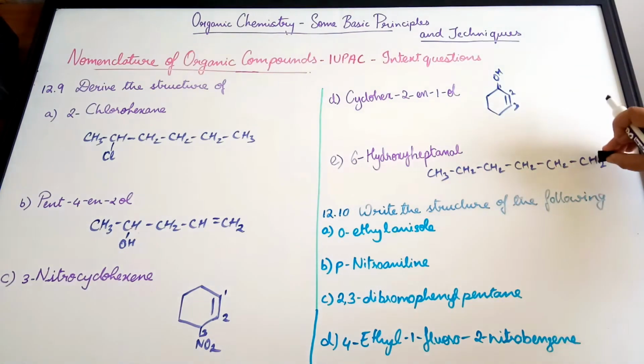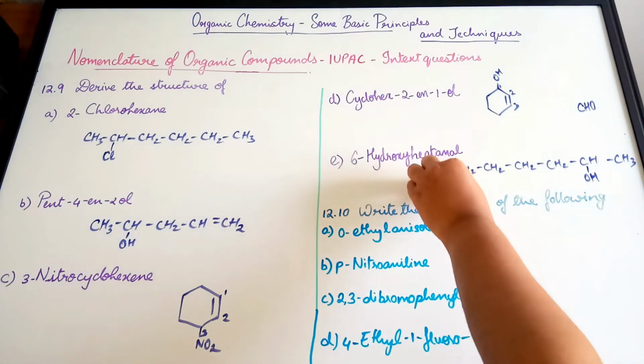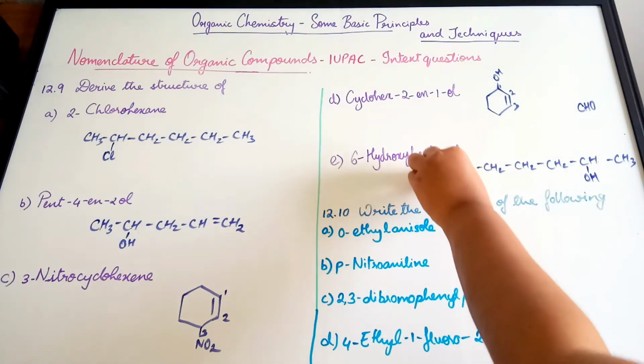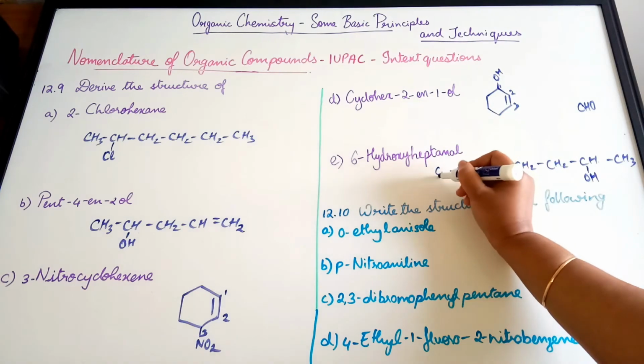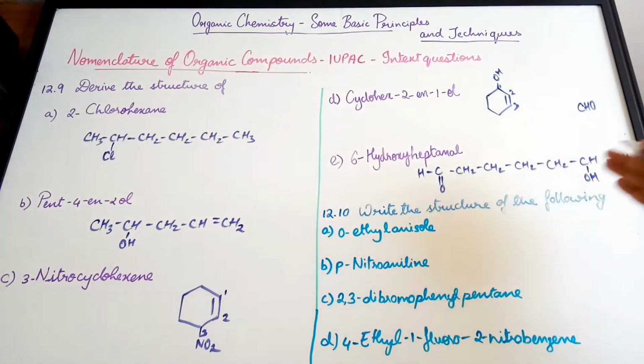So at this position there is an OH group. Now remember, between an aldehyde and an alcohol, the alcohol is going to get less priority than the aldehyde. An aldehyde is basically a CHO. So this carbon, the first carbon, is actually an aldehydic group.